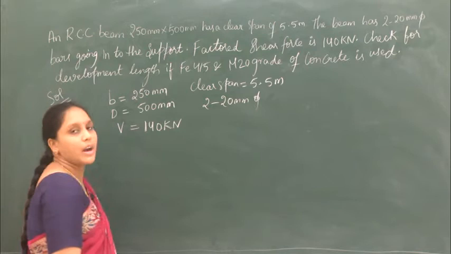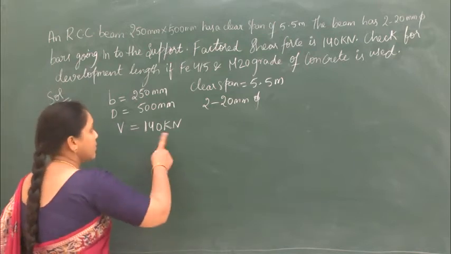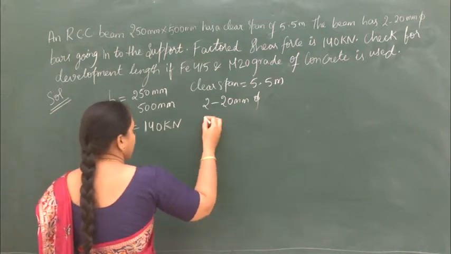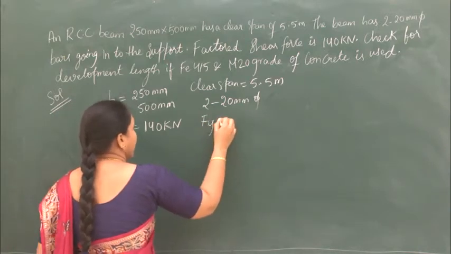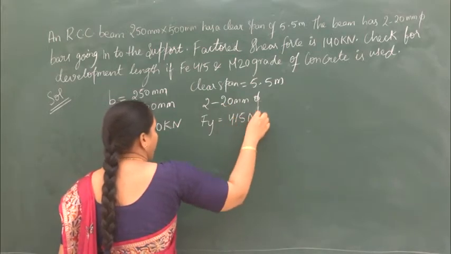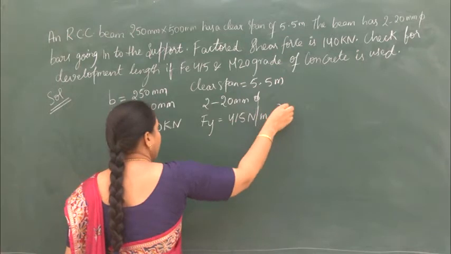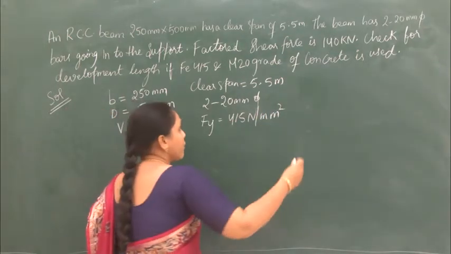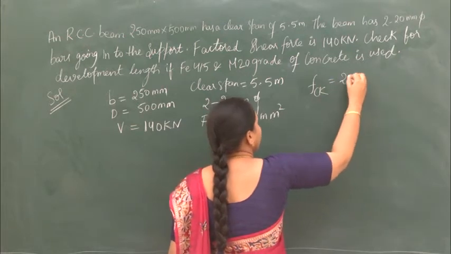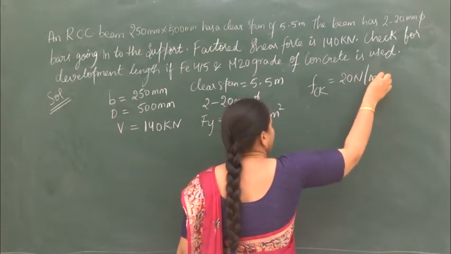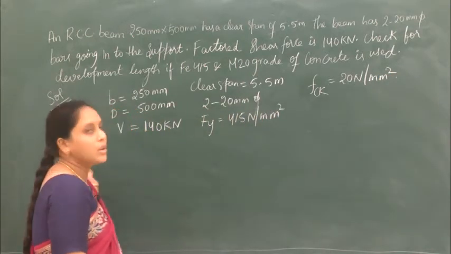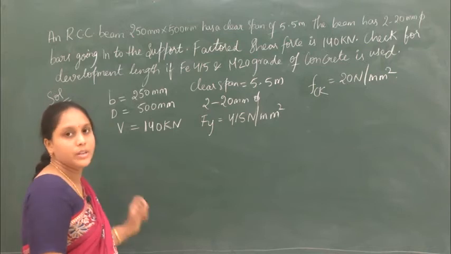Here the factored shear force itself is directly given. The grade of steel is Fe 415, that is fy is 415 Newton per mm square. The grade of concrete is fck equal to 20 Newton per mm square. So these are the given data.